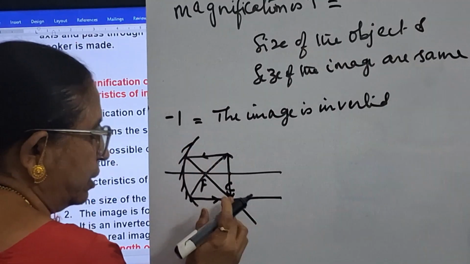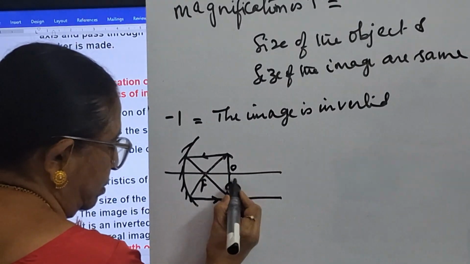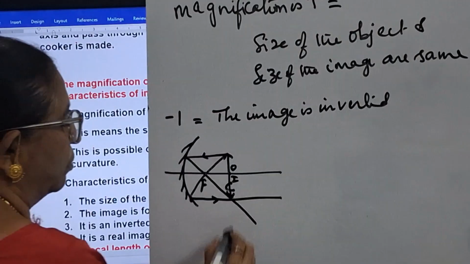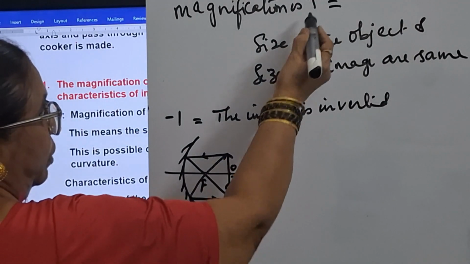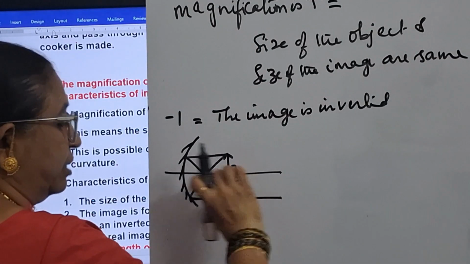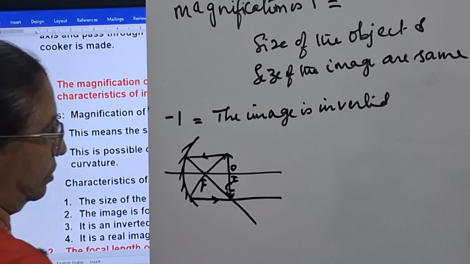So only when the object is at C, the image is also at C, and the size will also be the same. That is why when you say magnification is 1, what does it mean? The image formed has the same size as that of the object.